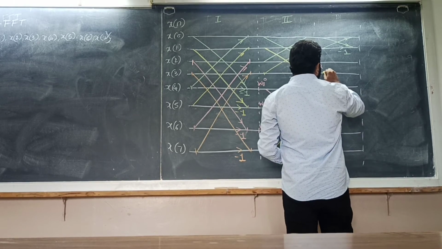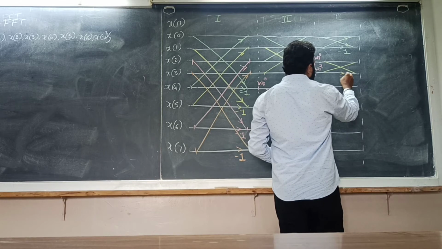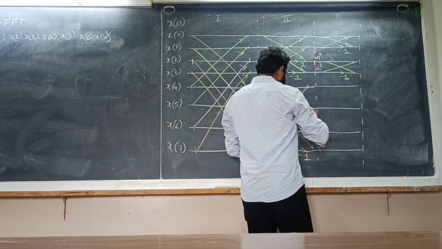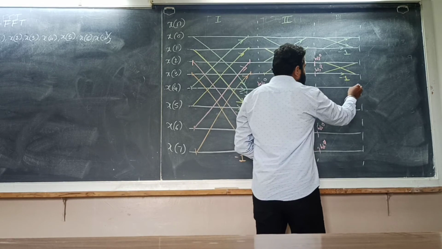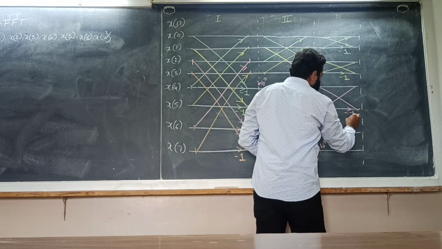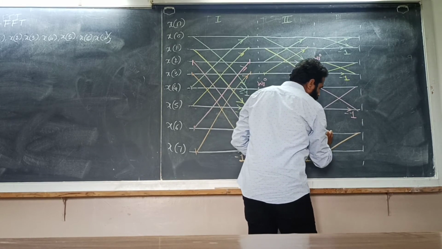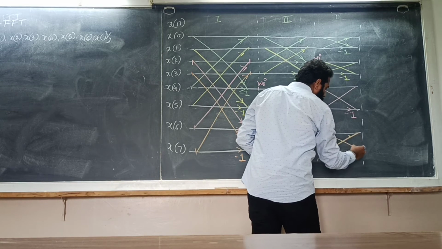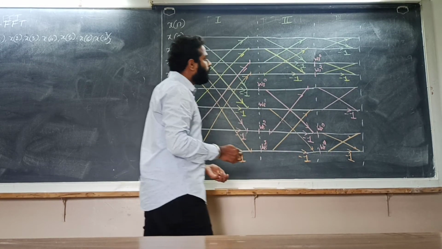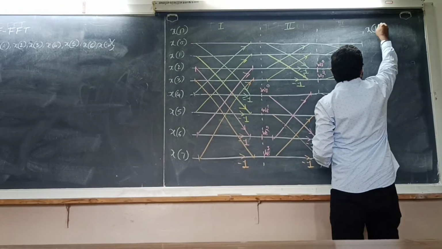Then fourth value to the third value to the fourth value by negating fourth. Similarly, taking sixth value to the fifth value and 5 to 6 by negating 6, and then eighth value to the seventh value to the eighth value by negating 8. Now here you will get the output, that is X of k.